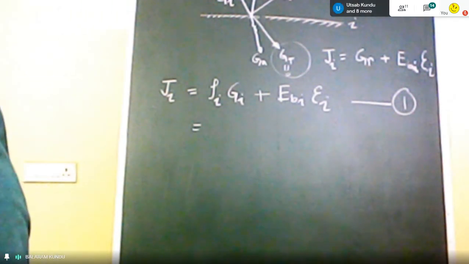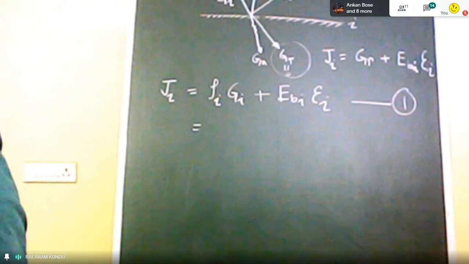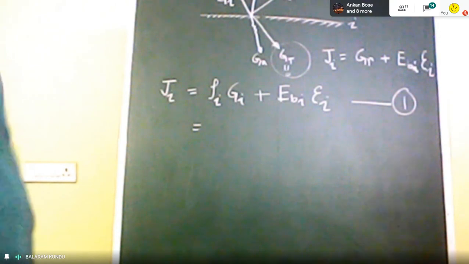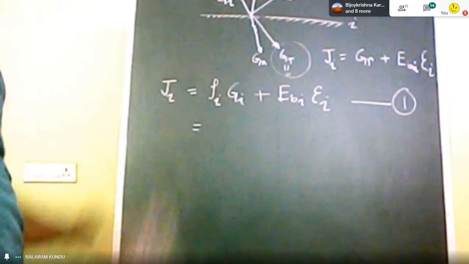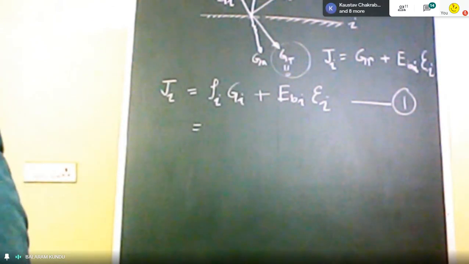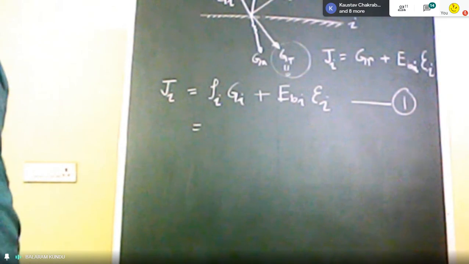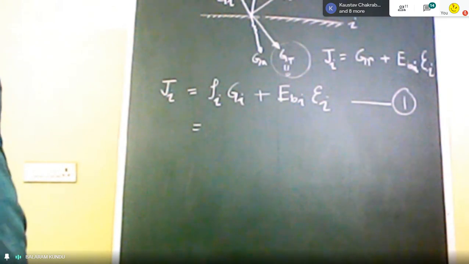If the surface is opaque, we know that rho plus alpha equals 1. Replacing alpha, rho plus epsilon equals 1. So therefore, rho equal to 1 minus epsilon.